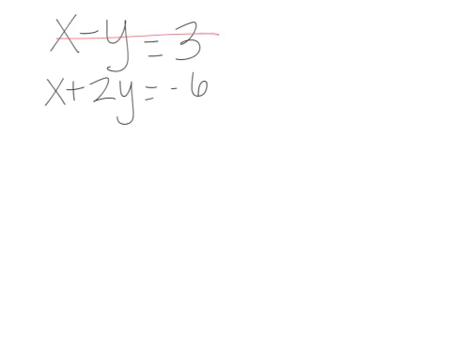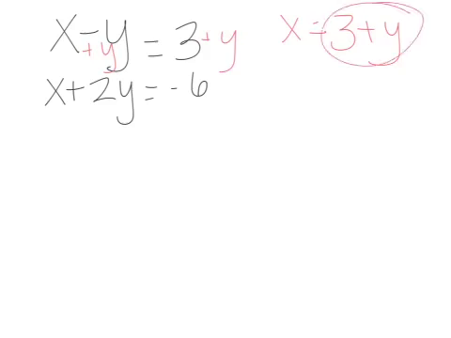So what I would do is look at them and say, I want to think smarter, not harder. What is the easiest way to rearrange one of these equations? And I think the top equation is probably the easiest one to do. And I think getting x by itself would be the easiest way to go about it, just by adding y to both sides. So we really have x is equal to 3 plus y.